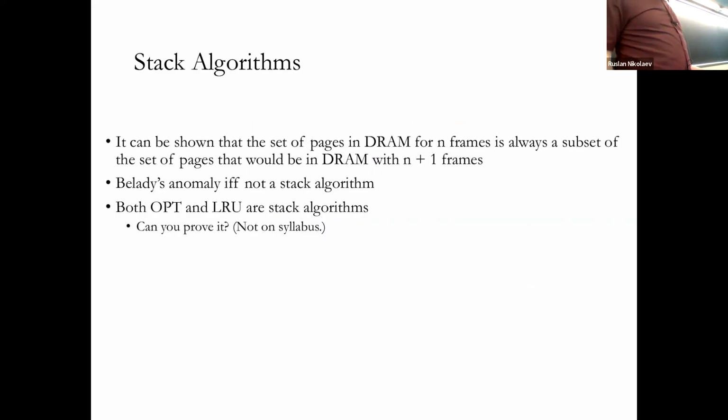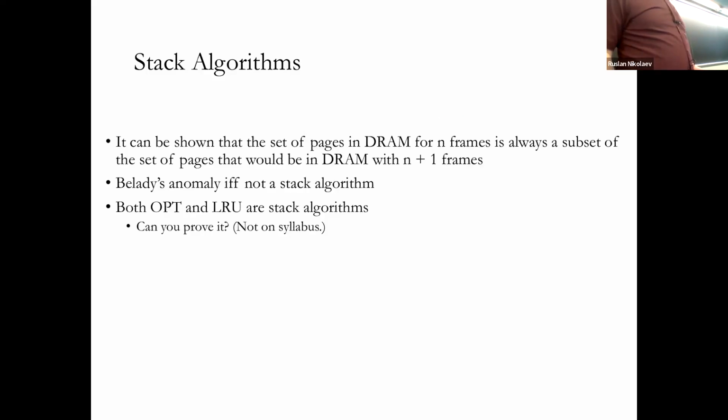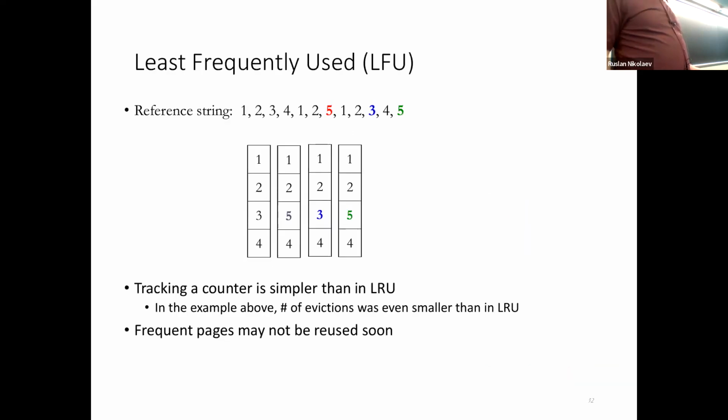In least recently used, I think we had 8 page faults, and we had 6 page faults in the optimal algorithm. So in least frequently used, we got just 7 page faults. So somewhere in the middle, right? It doesn't have to be like this.